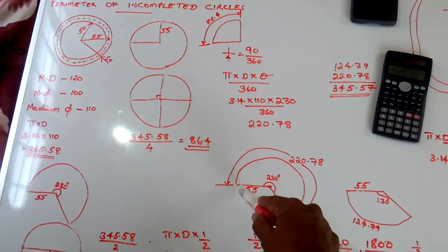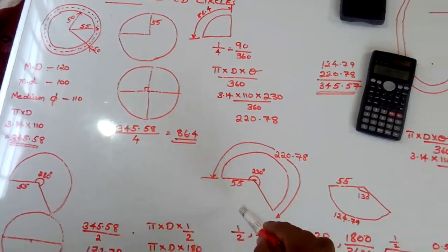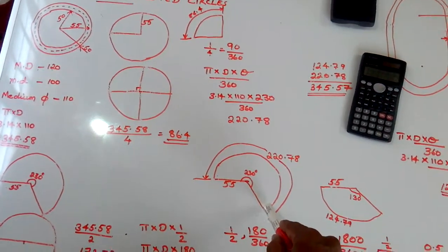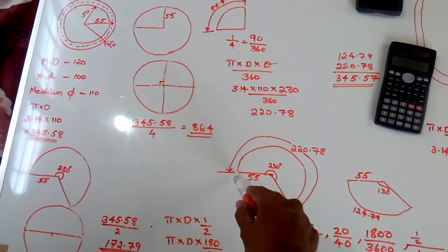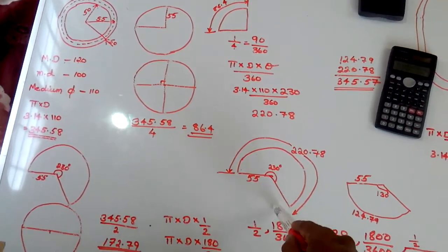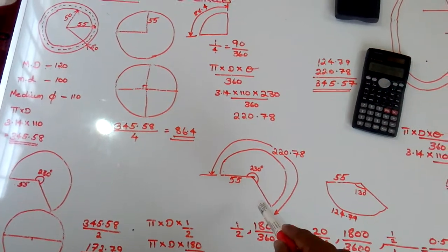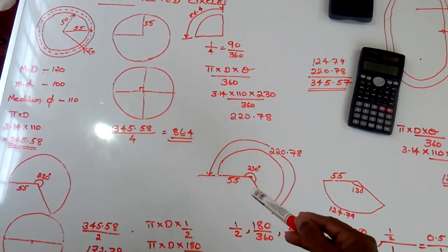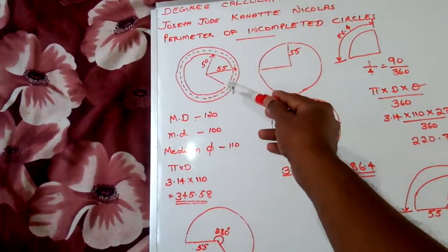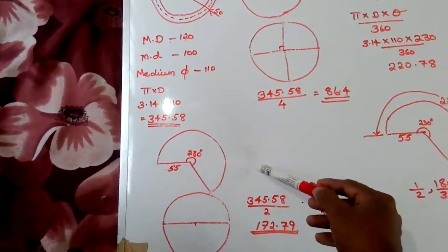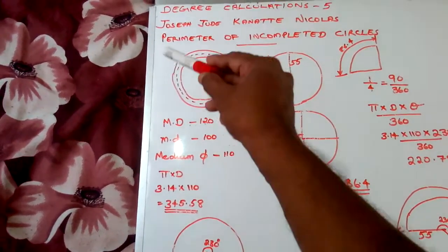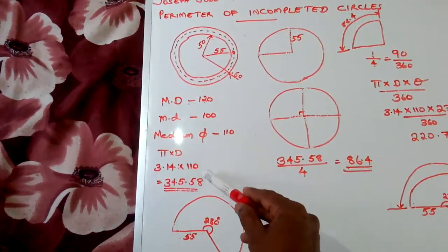What will be the measurement of this perimeter? If you have to make a partial round from here to here, how much length will we use for development? Its radius is 55, so its total perimeter is 345.58.